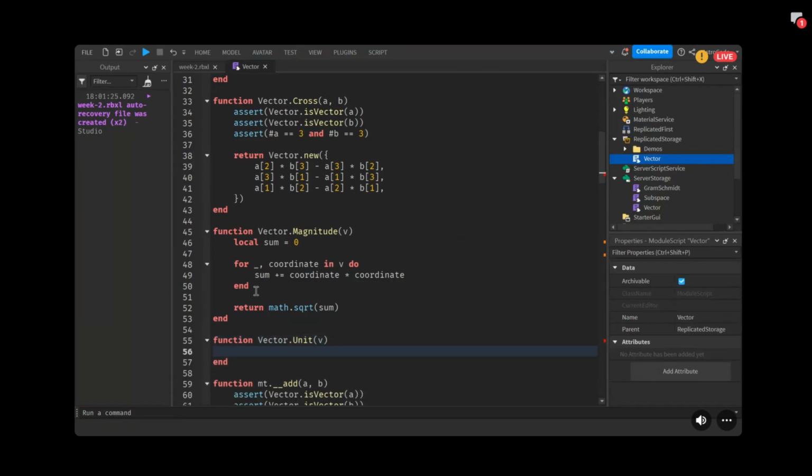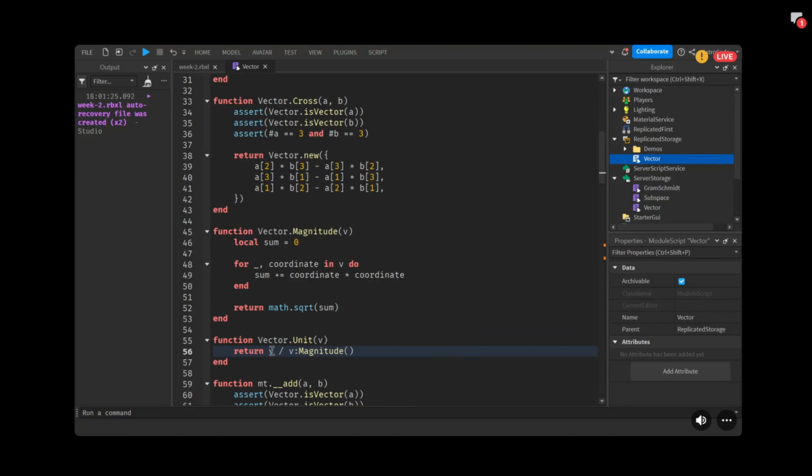So we'll implement that. We'll take in a vector, and then we take v and divide it by its magnitude. But you might take issue with this, and that's because the magnitude could be 0.